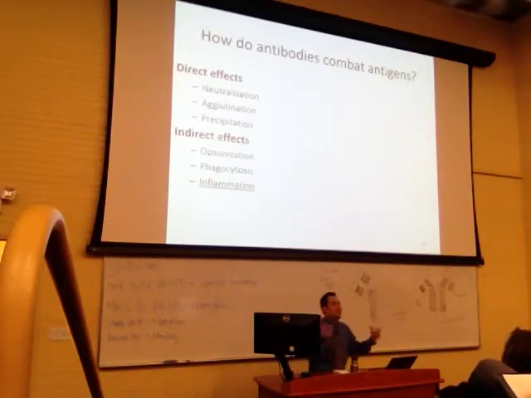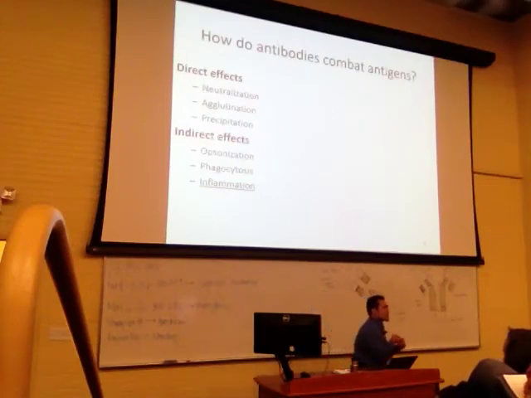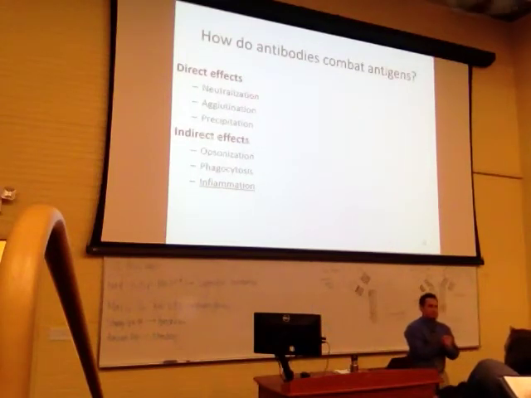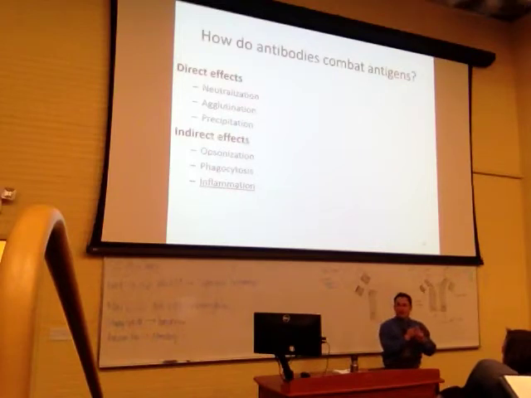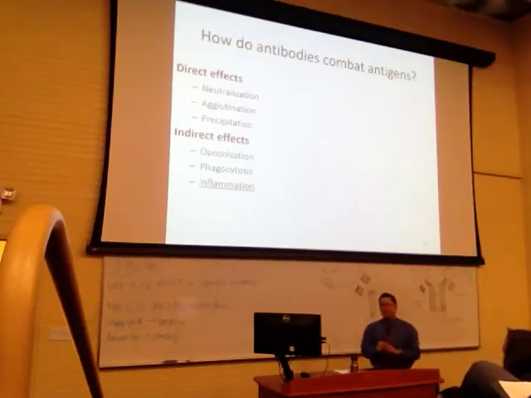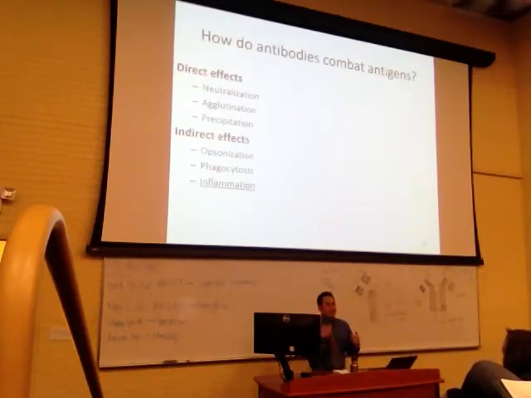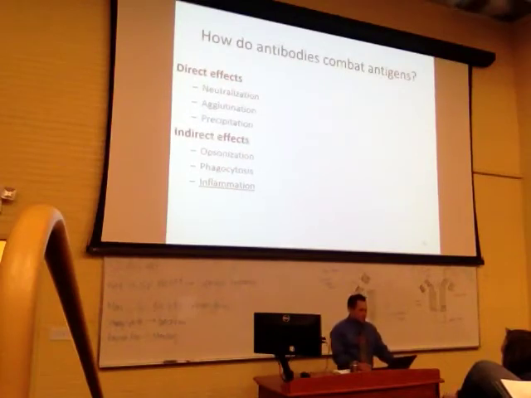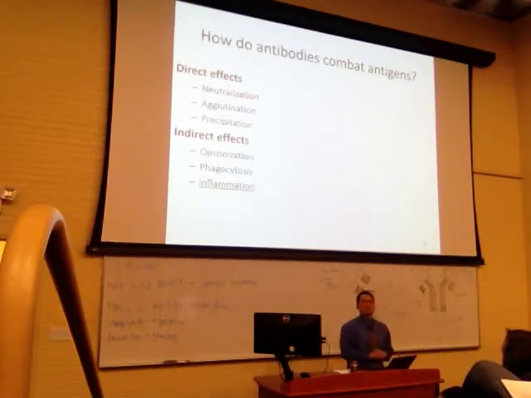This is the follow-up to that slide. Antibodies that are manufactured from these B cells can have direct or indirect effects. The direct effects are listed here. Neutralization: it binds to the toxin and inactivates it.